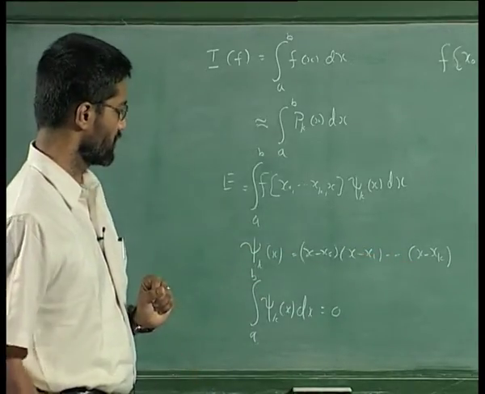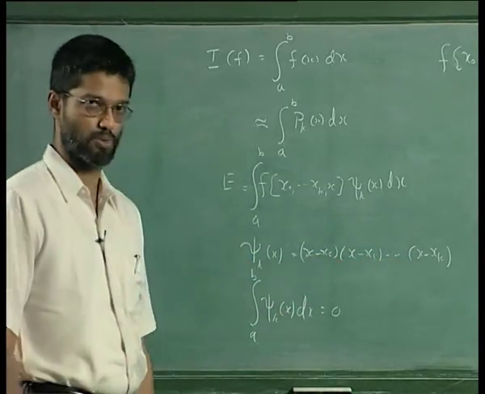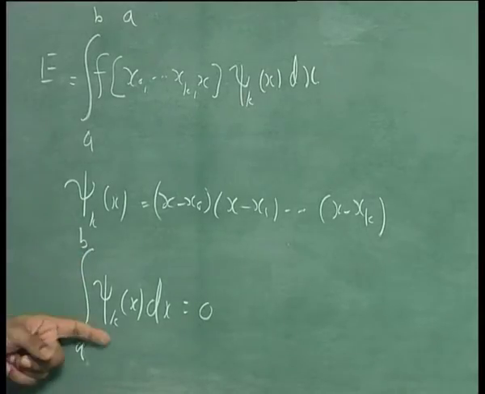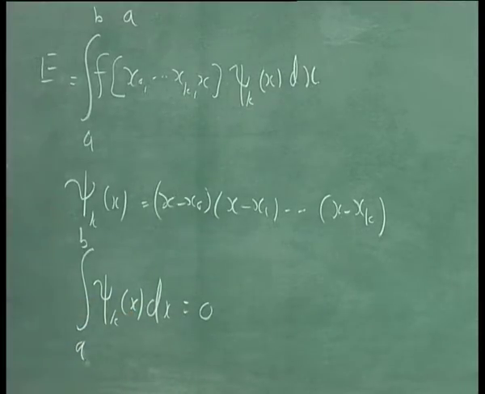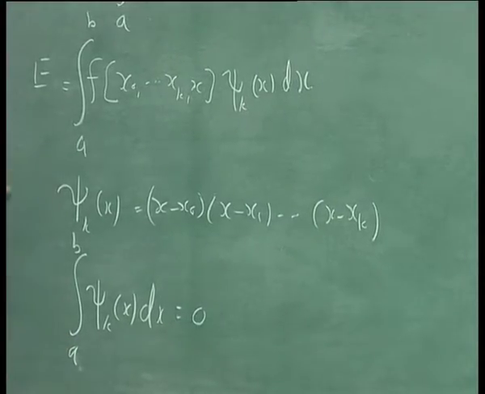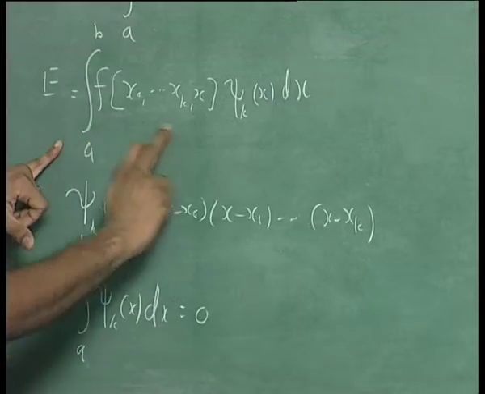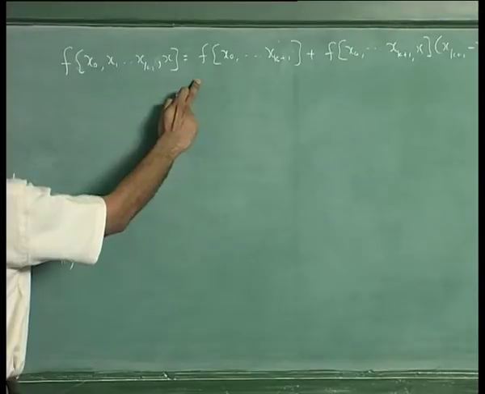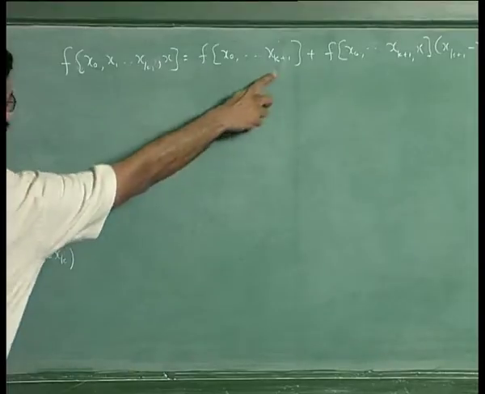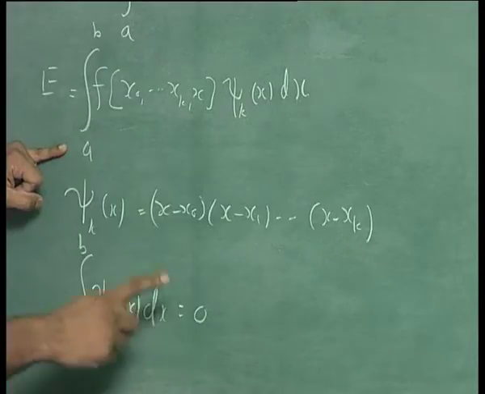Then there is a special case in which the points x 0, x 1, to x k are so chosen that the integral of psi k of x dx in the limit a to b is equal to 0. In that case, we can write this error term using this divided difference, substituting for this quantity here from this equation, and using the fact that this is a constant, with that constant multiplied by the integral of psi k dx being equal to 0.